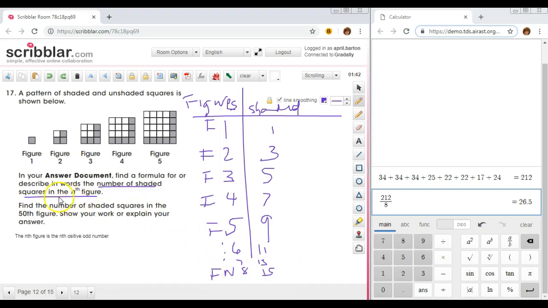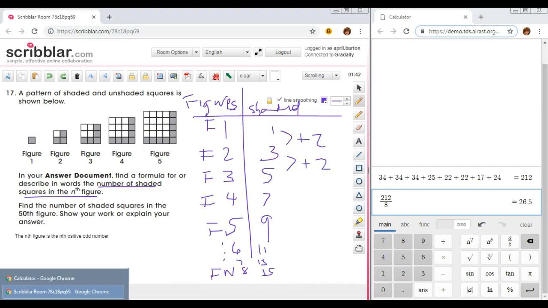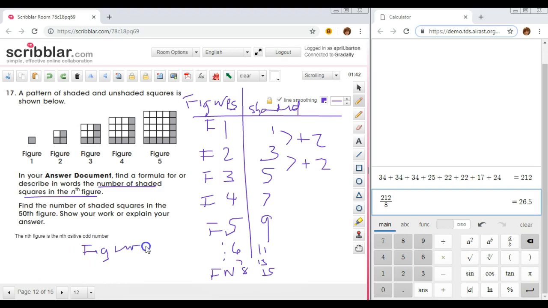The other way is to create an actual formula, and then finding the 50th figure is easier. So to create a formula for it, the basic formula when you have this, it's a linear pattern because you're going up by 2 every time. So the figure you want is going to be the starting amount at 0.